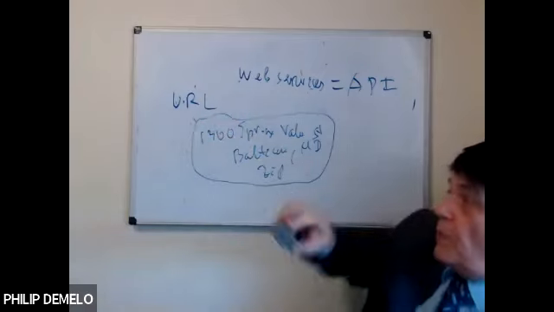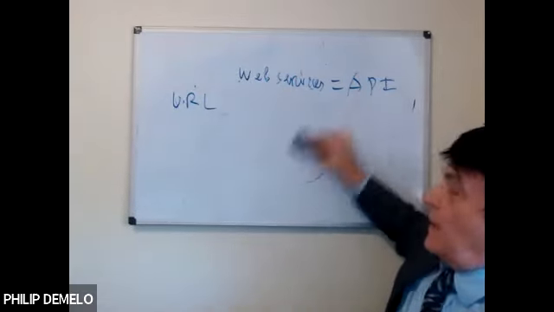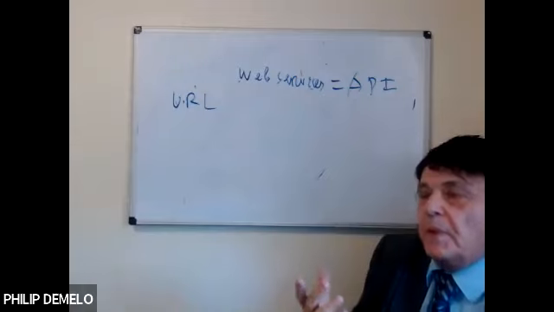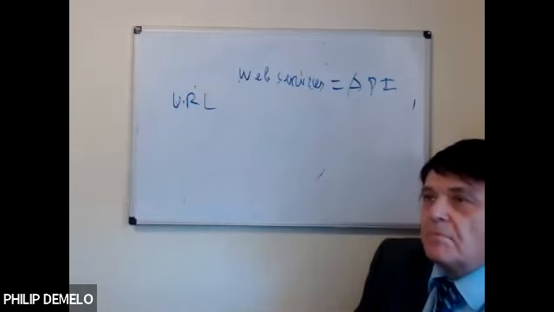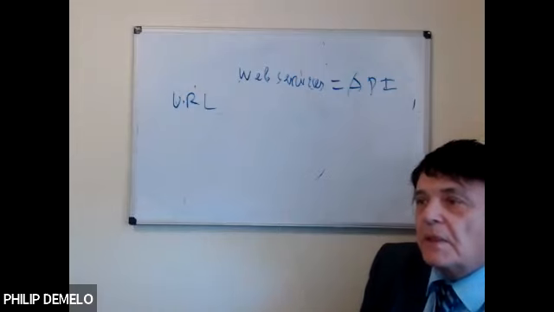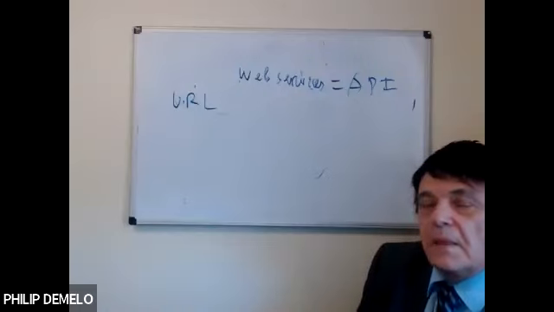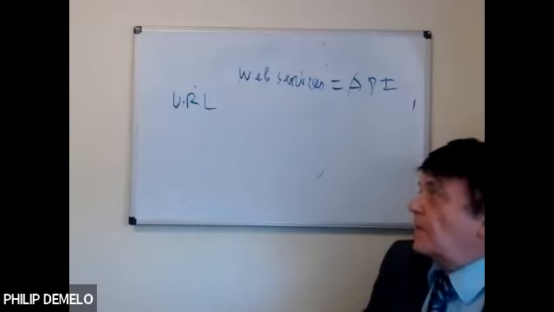Now, how to build a URL? I will just teach you how to do that, on an example. Suppose I would like to search for some information on the internet that's related to a virus, for example.